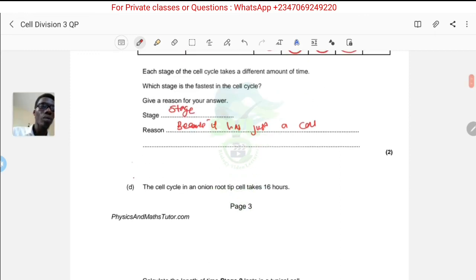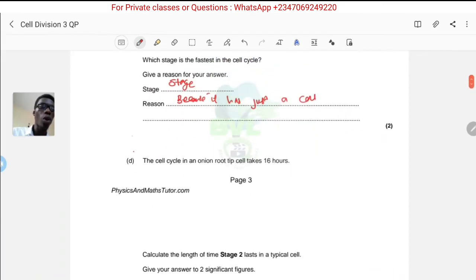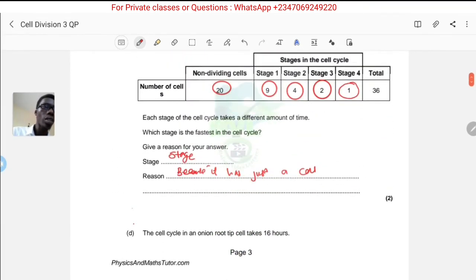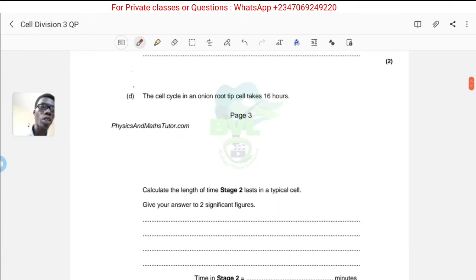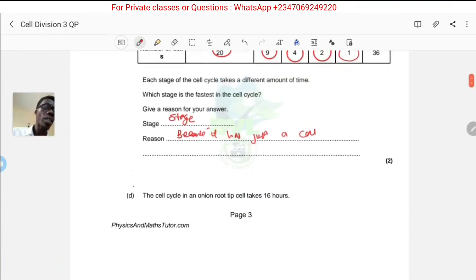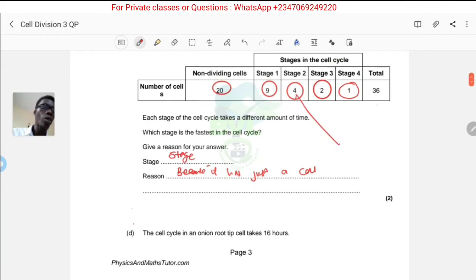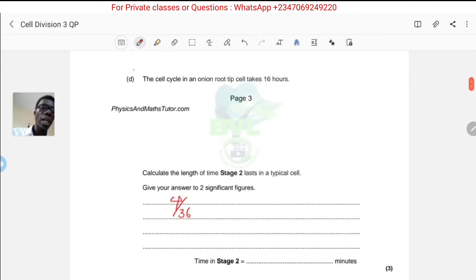How many cells do we have in stage 2? 4. Am I right? Sorry, stage 2, yeah, we have 4 cells. It's going to be 4 over 36, which is the total number. So 4 over 36. Then we have 16 hours. It's meant to be in minutes anyway, so it's going to be 16 times 60.